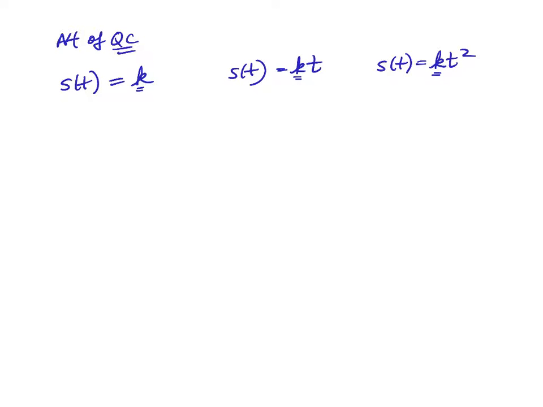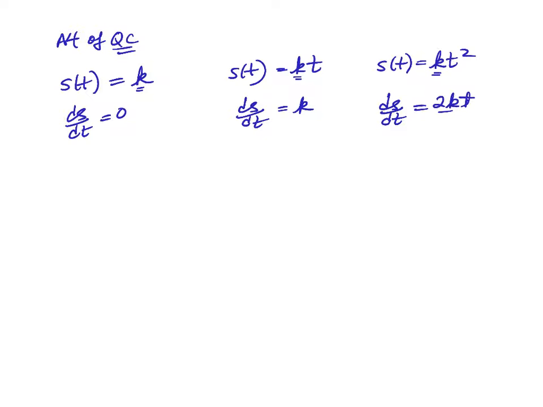And we saw here that the derivative ds/dt was 0. Here we saw that ds/dt was equal to k. And here we saw that ds/dt was equal to 2kt. And if you remember, k was 5 in the original example. When we differentiated it, we got 10. And so that's consistent with that.